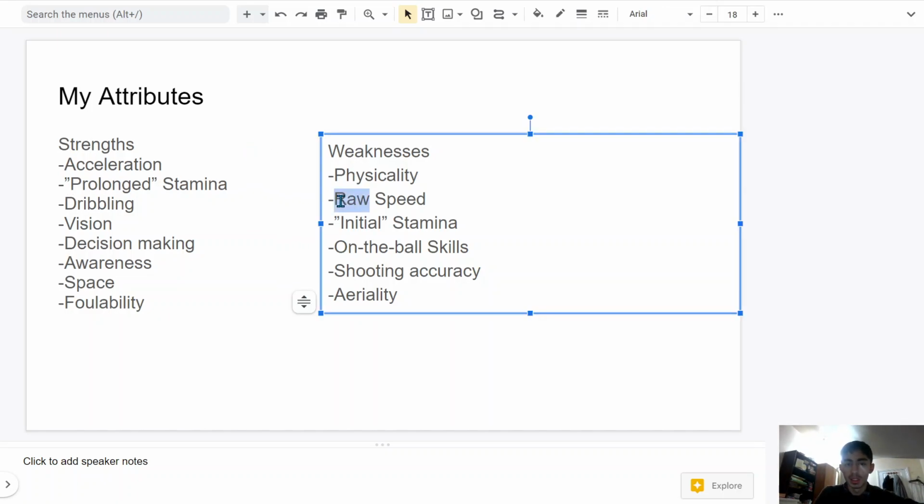Raw speed kind of doesn't help, but me not having raw speed explains why I don't play as a traditional winger. Initial stamina is definitely one of my weaknesses, and it doesn't help in any situation, but it doesn't mean I can't play in that role, so it kind of doesn't matter. On-the-ball skills I already talked about. Shooting accuracy is the reason I'm not a striker, because I'm not the most clinical person when it comes to shooting.